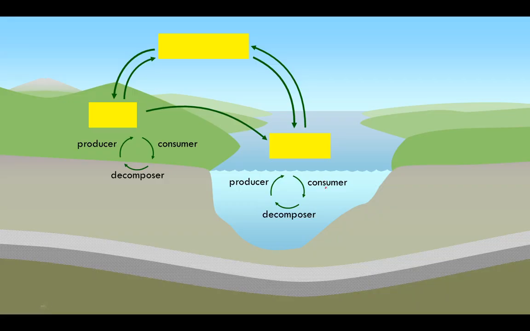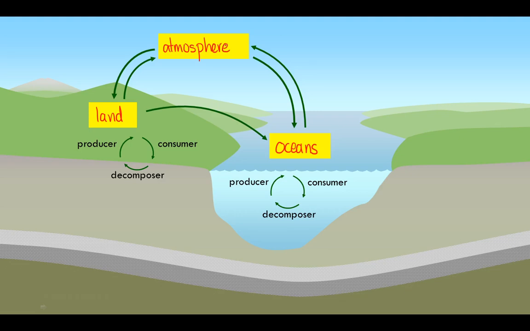The way that these nutrients work in ecosystems is quite interesting. Here we see a summary of that process. Nutrients can be stored in oceans. They can be stored on land, and they can be stored in the atmosphere. A good example of this would be nitrogen.